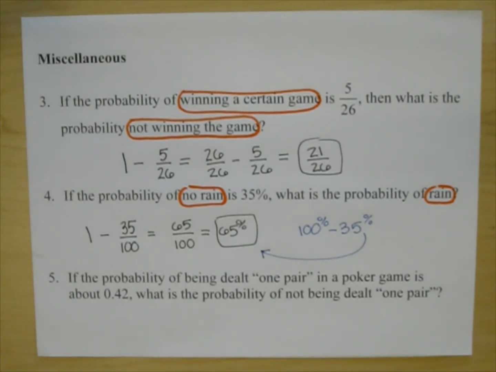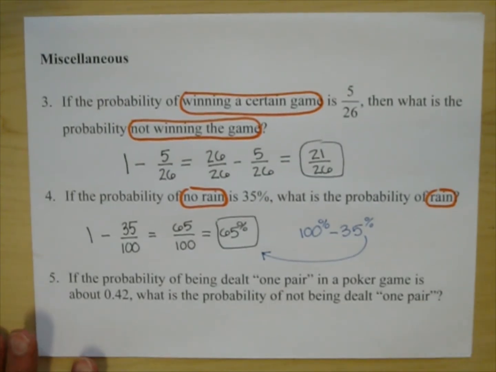Okay, our next problem has to do with playing poker. If the probability of being dealt a 1 pair, that's a kind of hand you can have in a poker game, is about 0.42, then what is the probability of not being dealt a 1 pair?